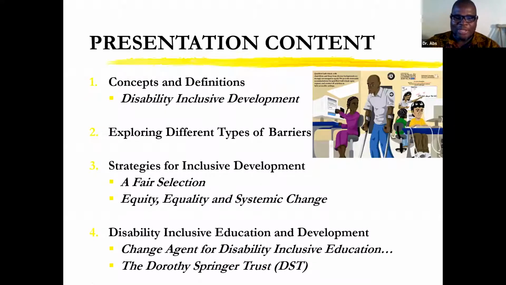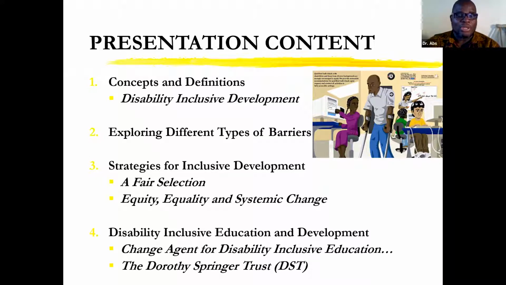I'm going to be looking at, it's a very short presentation, I hope, disability inclusive development as an overview. And then, what are some of the barriers that prevent inclusive development generally? I'm going to use the context of Sierra Leone, the examples that I've worked on in Sierra Leone.